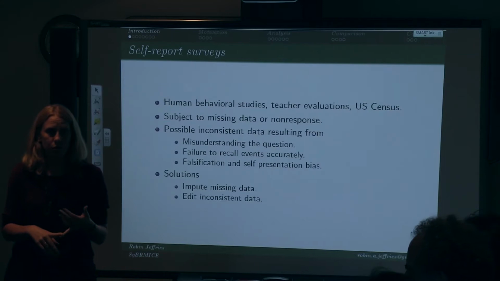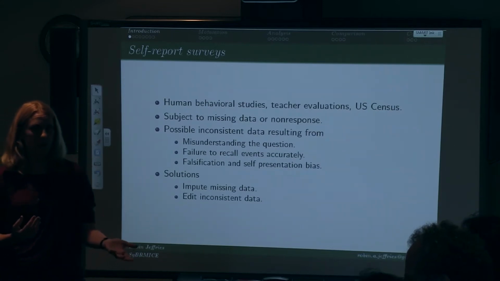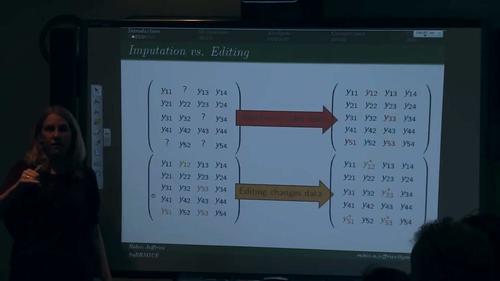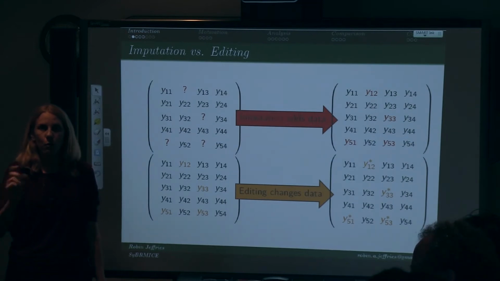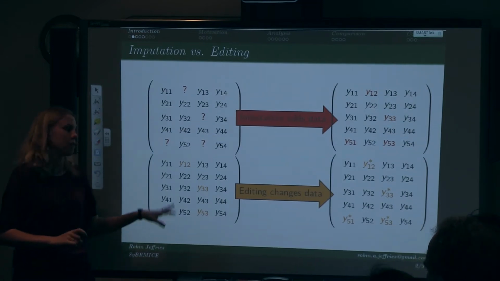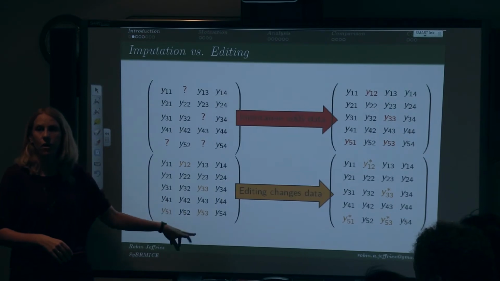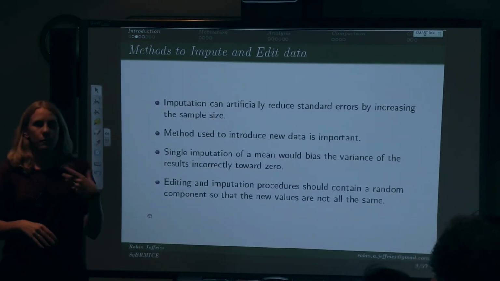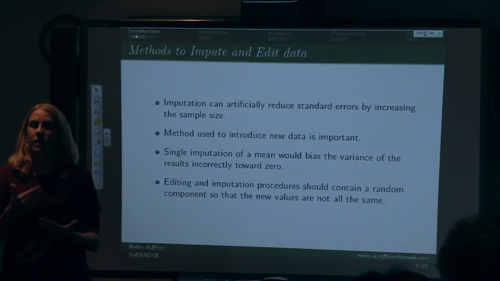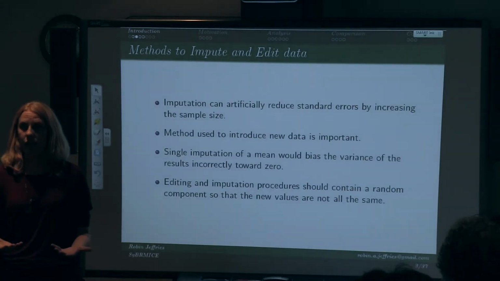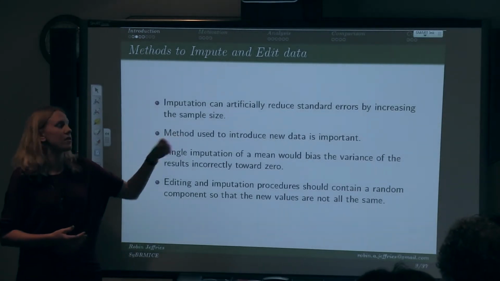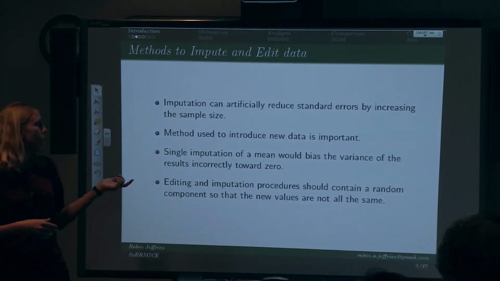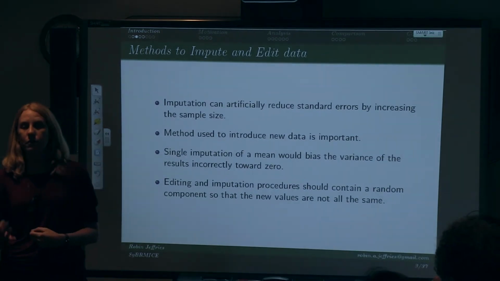So the common solutions to handling missing data are to impute missing data, and to edit inconsistent data. Imputation is the process of adding data where there was none before, whereas editing changes the data from one value that you deemed inconsistent or wrong to a value that you deemed correct. If you've done a lot of imputation, you know that it can artificially increase the sample size because you are adding data, which can artificially reduce the standard errors of your results. And the method used to do the imputation is important.